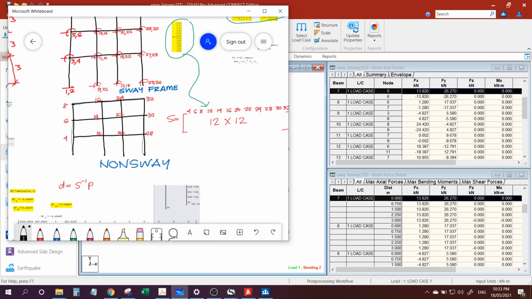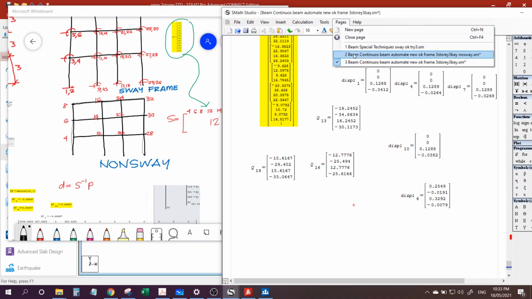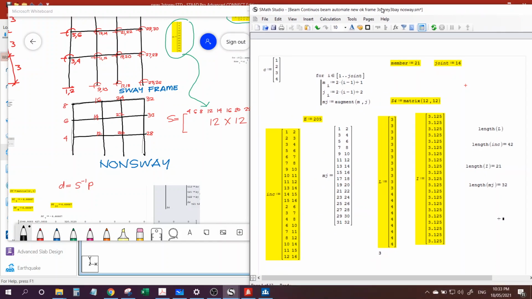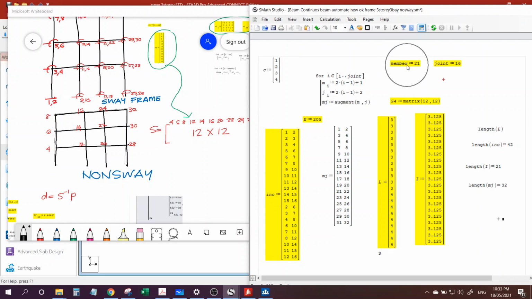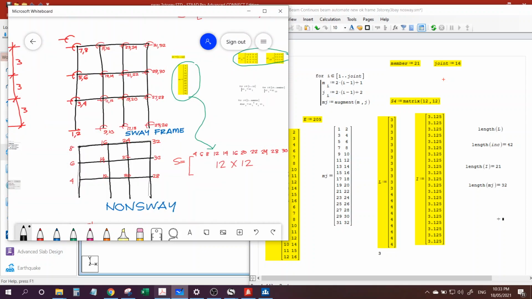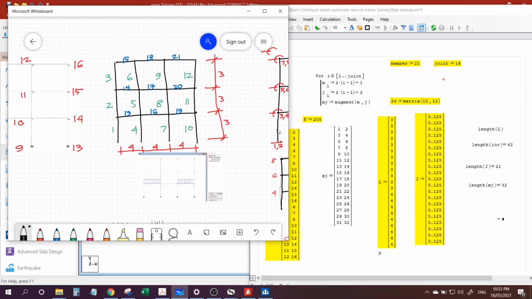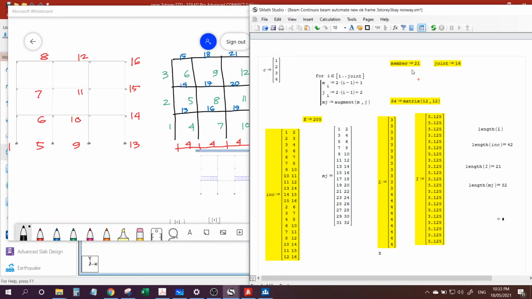And let me share my SMAT file for that. So this is a non-sway code for a non-sway frame, multi-story building. So I have here members 21 and number of joints 16, as we counted here.